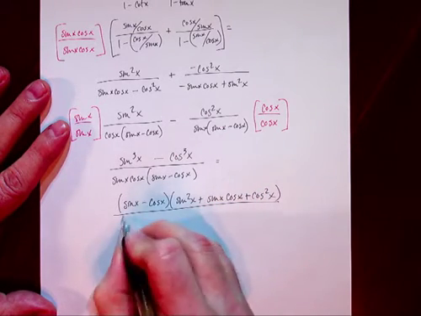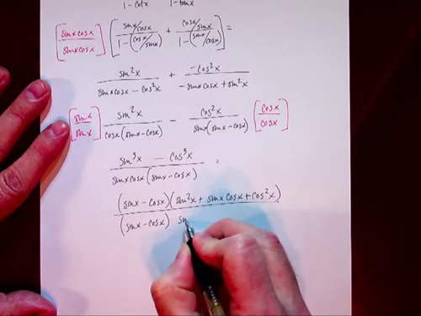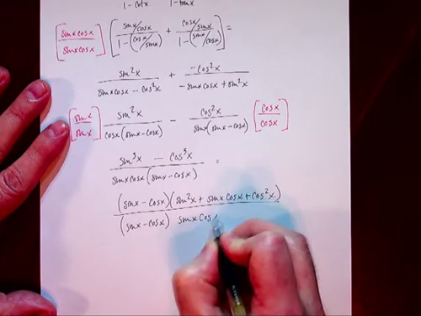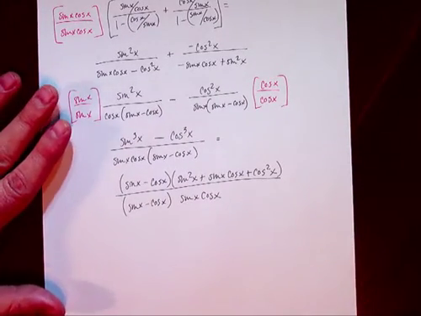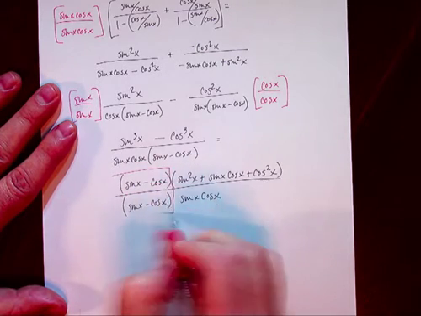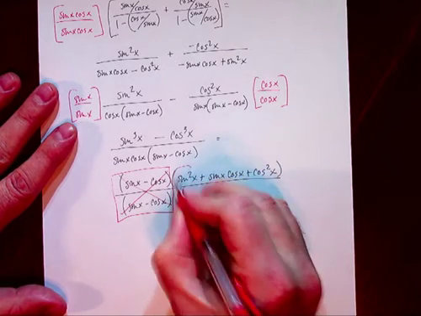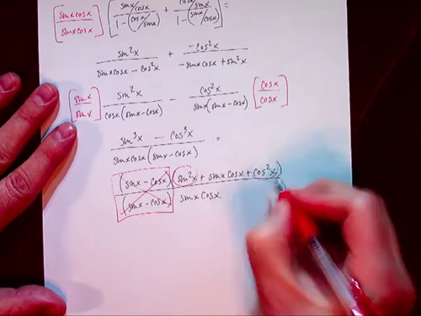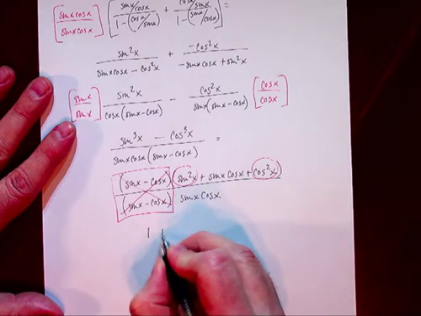And those of you who do not remember your difference of two cubes, I would look that up. Okay, and since multiplication is commutative, I've simply flipped the order of the factors in the denominator. Now, these right here obviously cancel. This and this, if I put them next to each other, turns into 1.